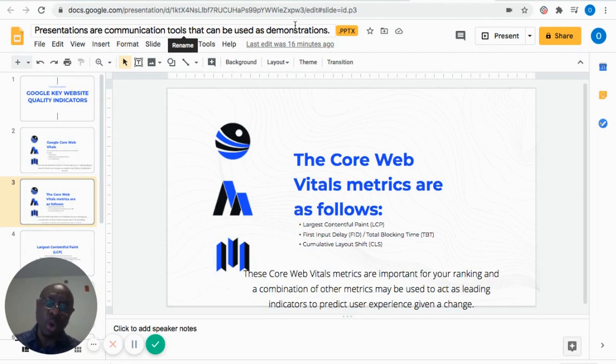These Core Web Vitals metrics are important for your ranking, and a combination of other metrics may be useful or can act as leading indicators to predict the user experience on a given day or given change.